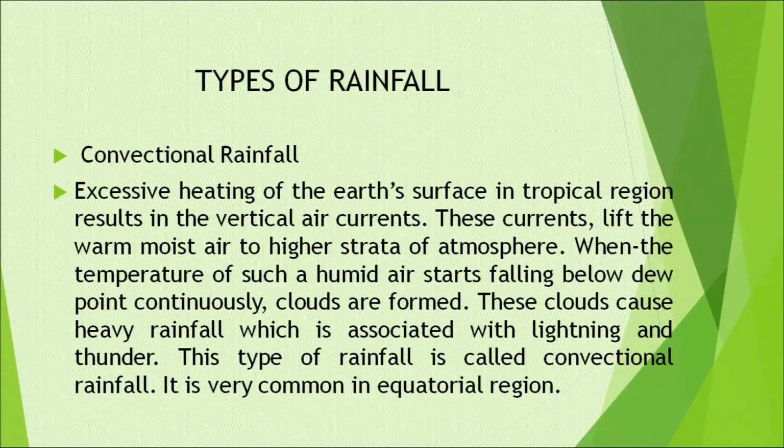When the temperature of such humid air starts falling below dew point continuously, clouds are formed. These clouds cause heavy rainfall, which is associated with lightning and thunder. This type of rainfall is called convectional rainfall. It is very common in equatorial region.